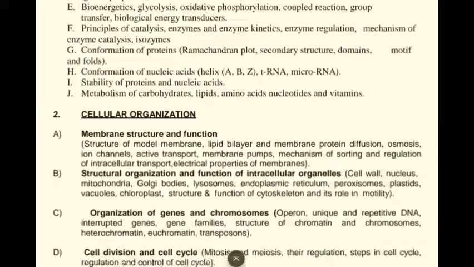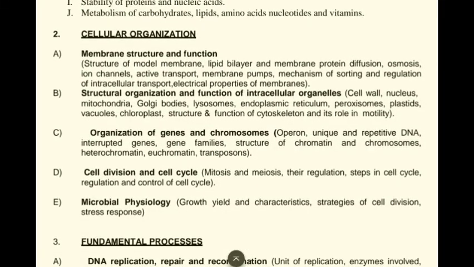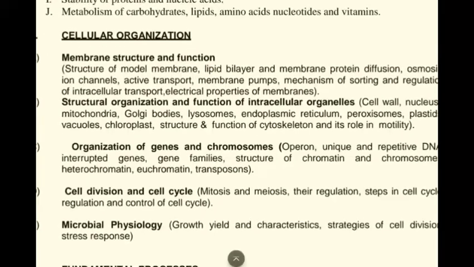Next thing is about cellular organization or cell biology.